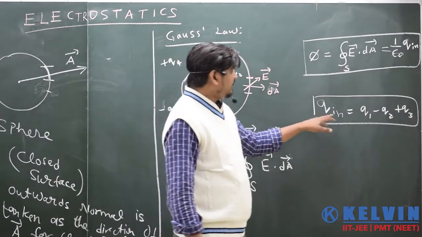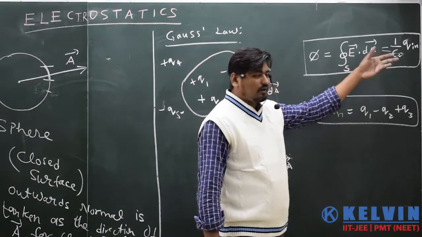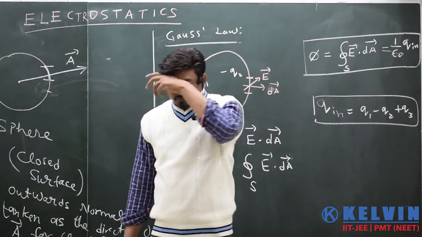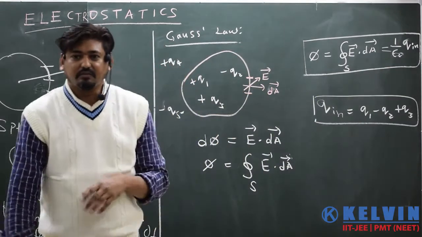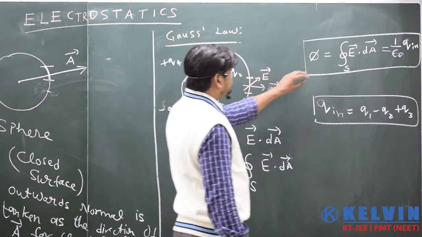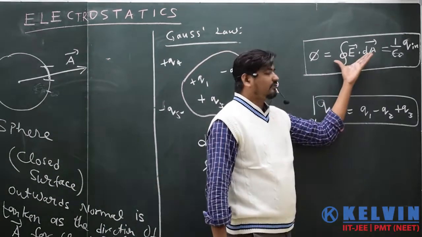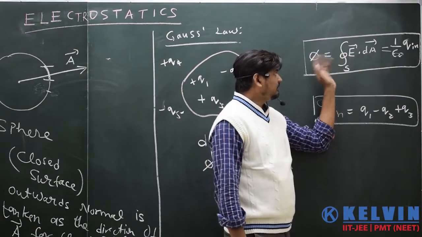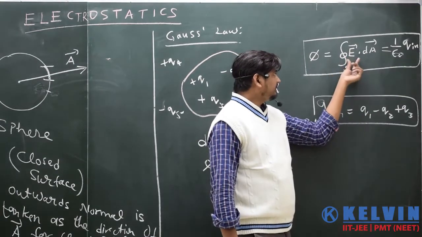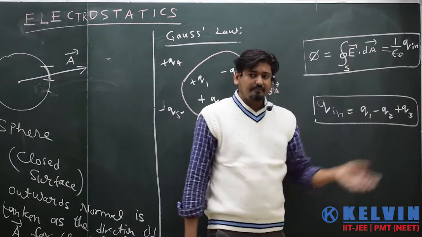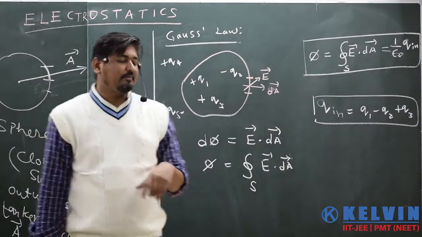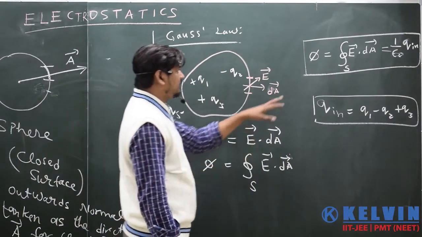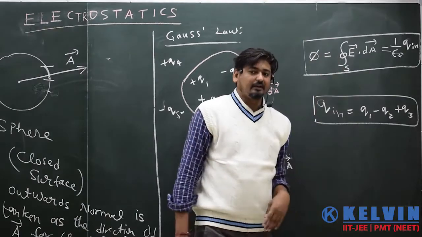So Q inside is this, and epsilon naught is the absolute permittivity of free space. On the left hand side it is the flux of the electric field associated with the closed surface. E is the electric field, dA is the area vector for the element, and then we take the integration over the closed surface, right?